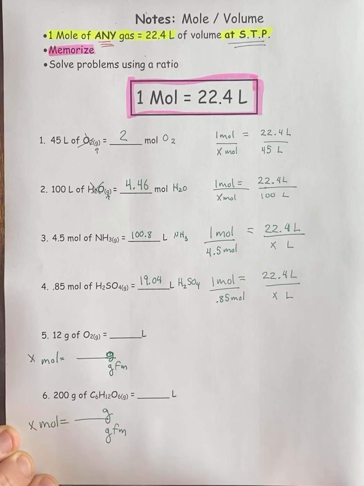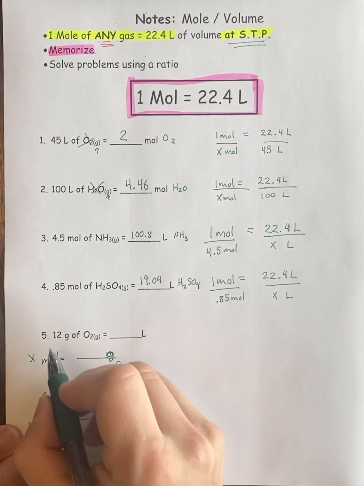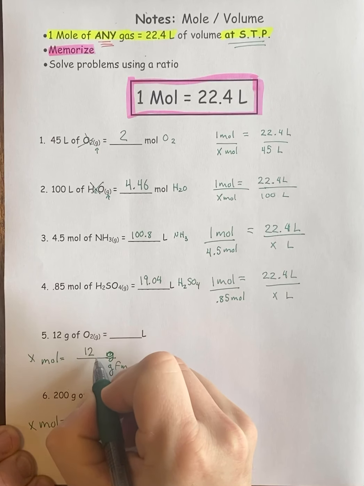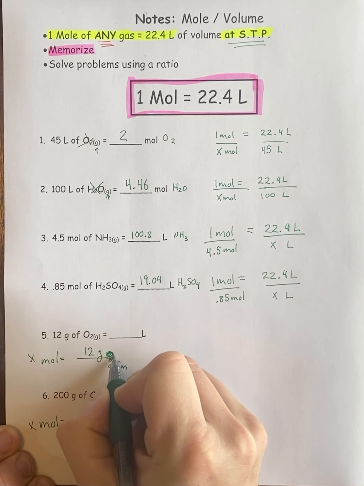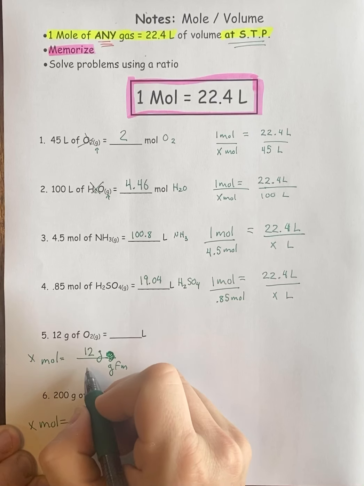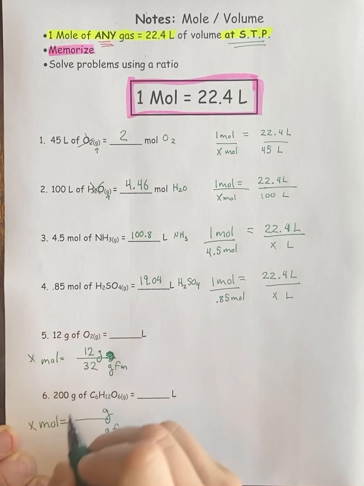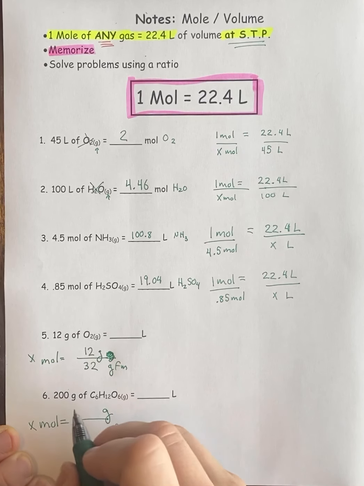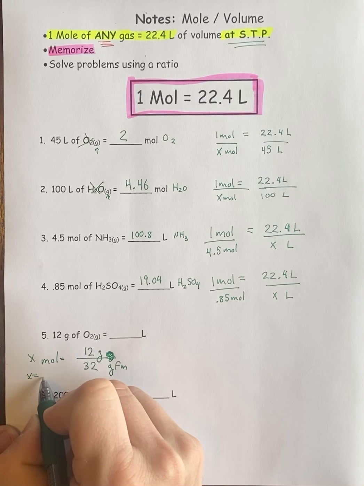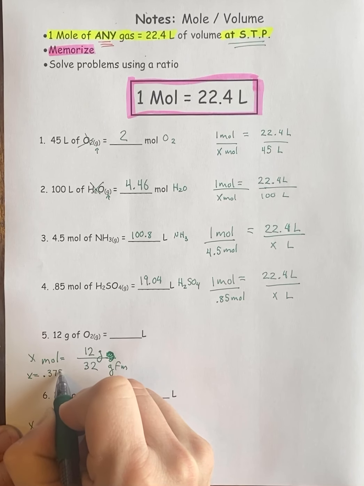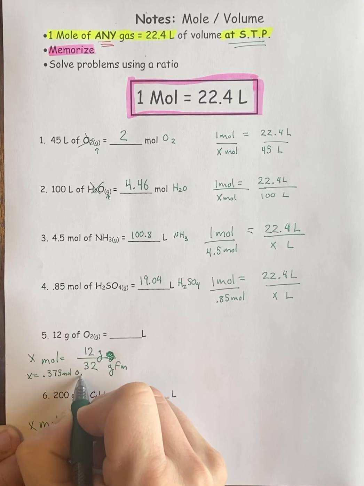And we're going to solve for moles before we do the problem. So I've got 12 grams of O2. So there's my 12 grams. And my GFM for O2 is 32. So I just divide out, and I'm going to get 0.375 moles of O2.